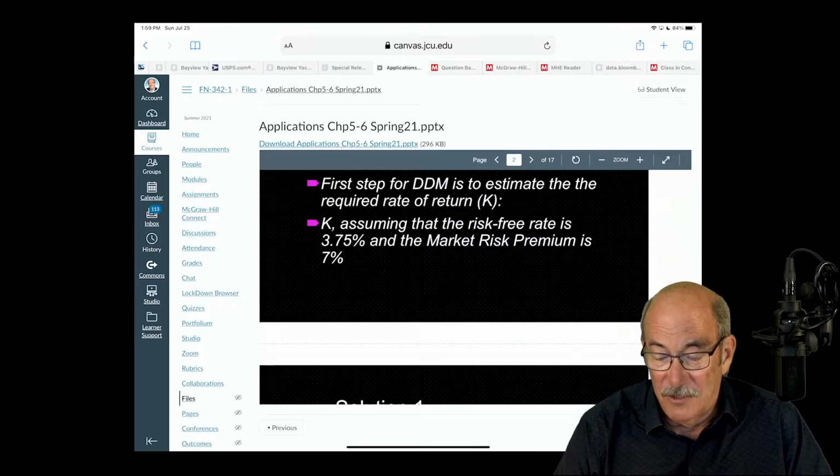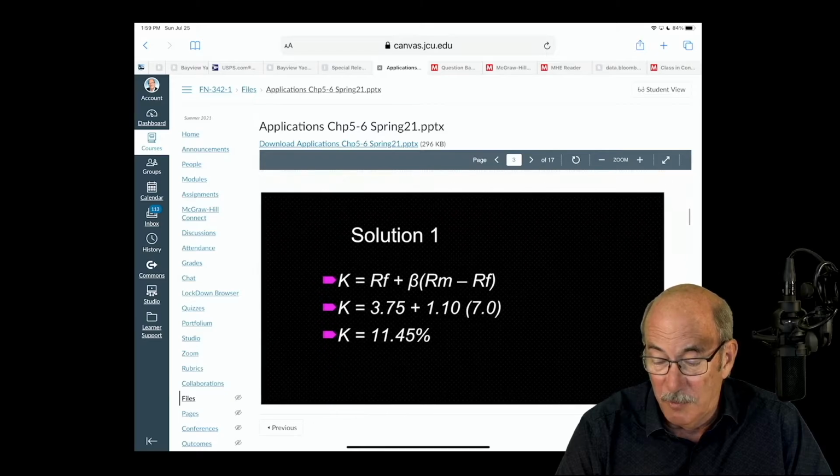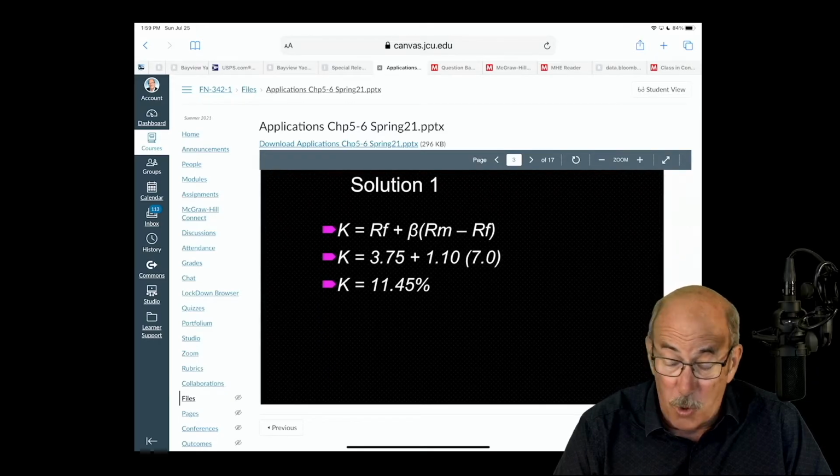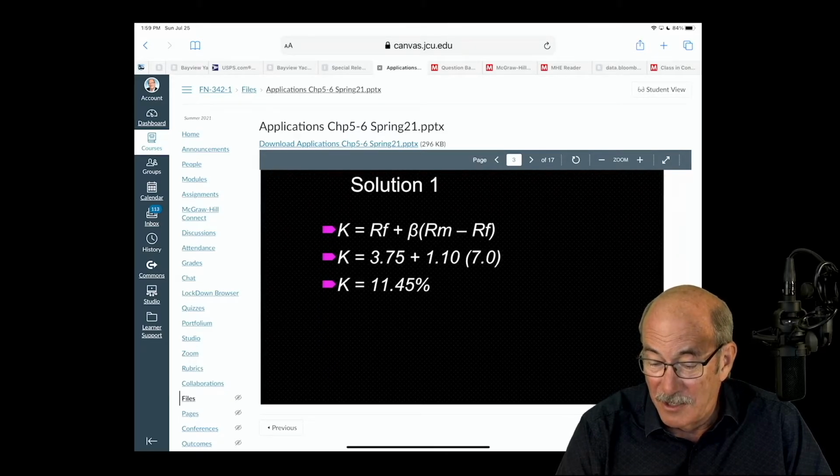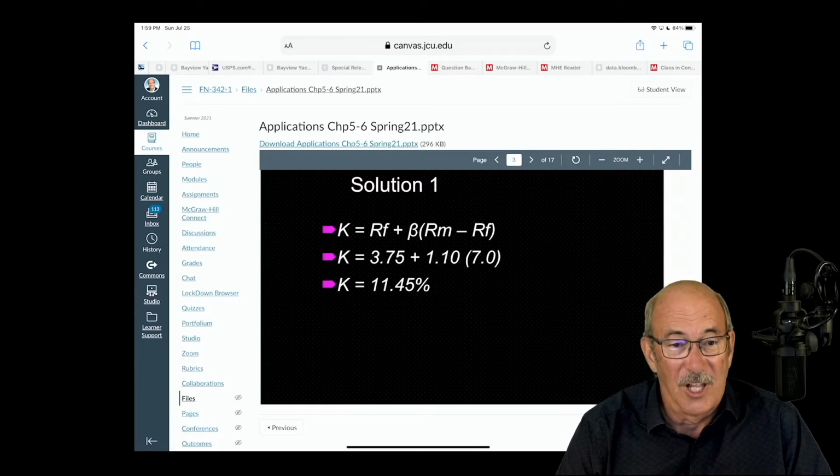If I subtract off that risk-free rate, I get back to that market risk premium. Sorry, good point, because we didn't work through these in class, and I would have mentioned that in class, but I didn't mention it on the slide deck itself. So sorry about that.